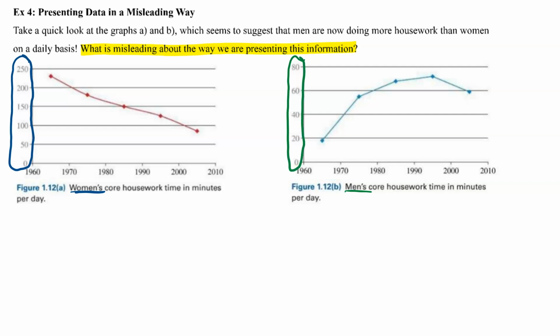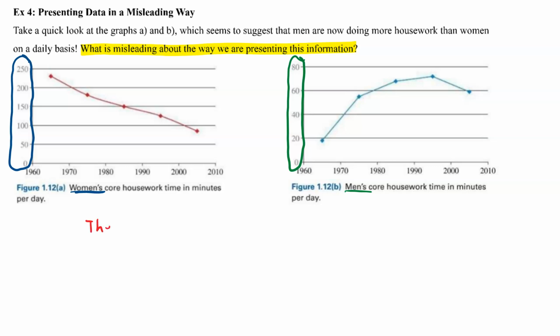We can see that there is not consistency in the way the vertical axis is being represented. There is a lot of inconsistency there. And so that does lead to the false conclusion that men are doing more daily housework than women are because of the way the graph is represented.